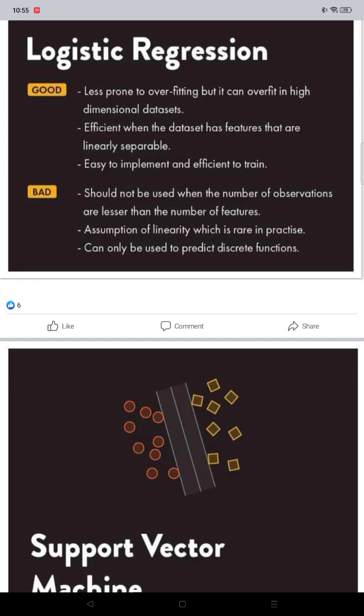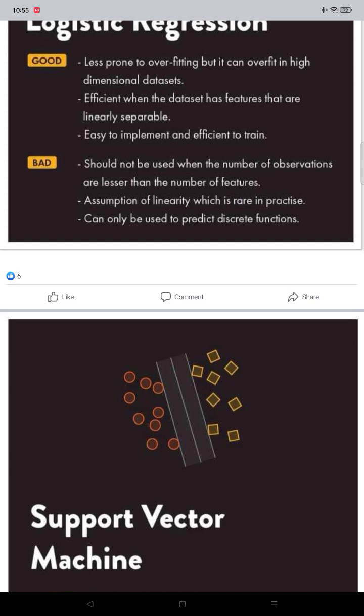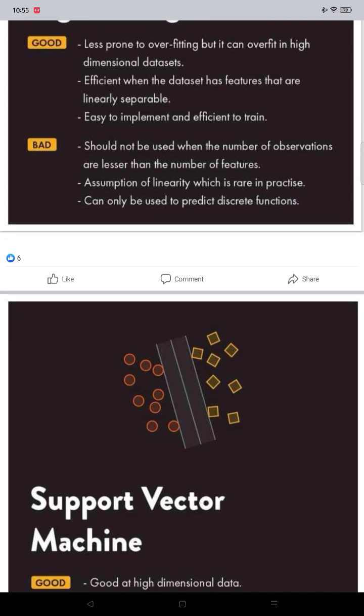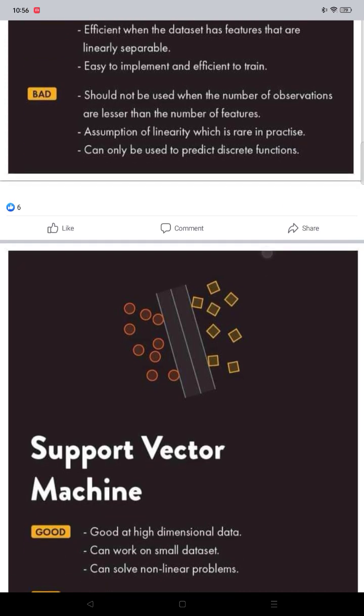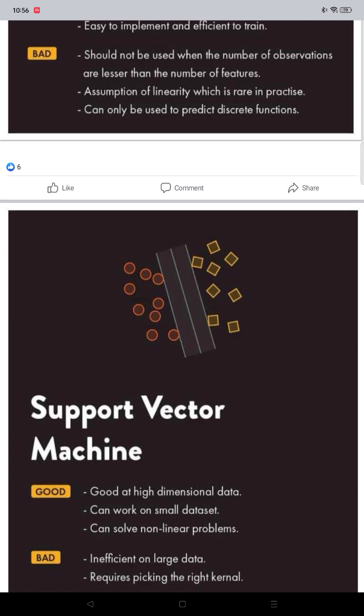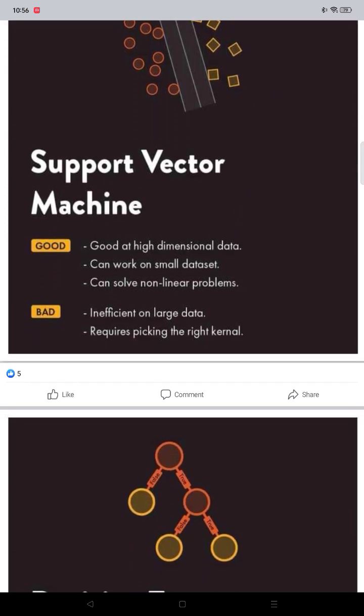But the bad thing is it should not be used when the number of observations is less than the number of features. It assumes linearity, which is rare in practice, and can only be used to predict discrete functions.